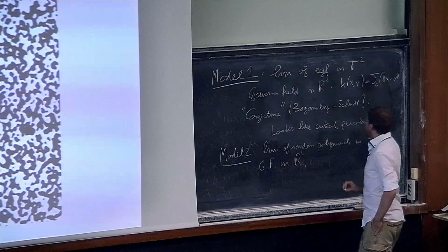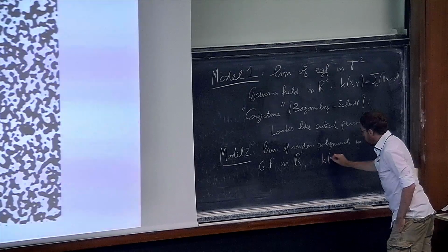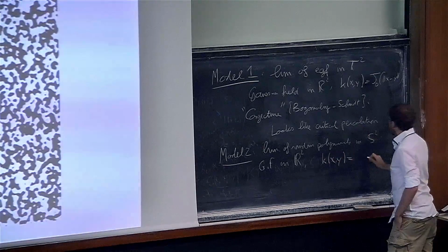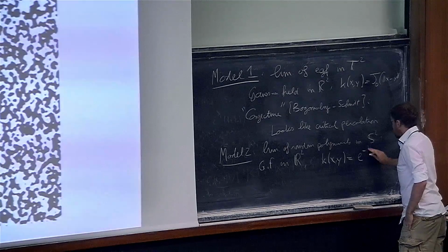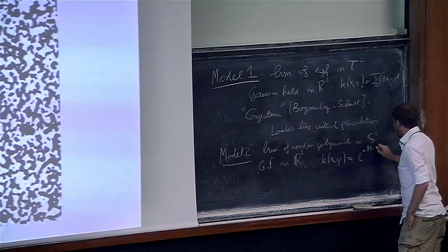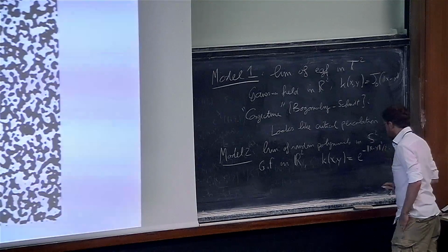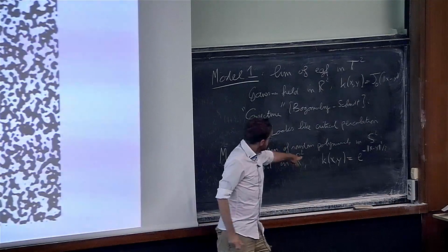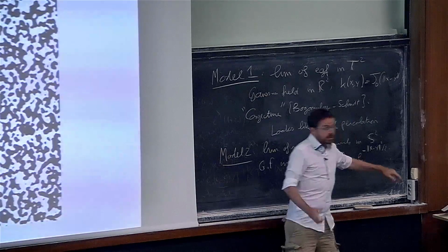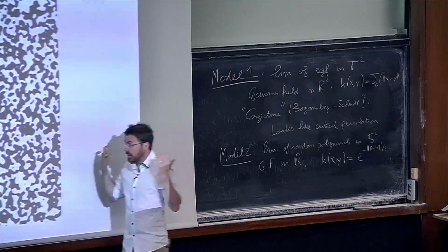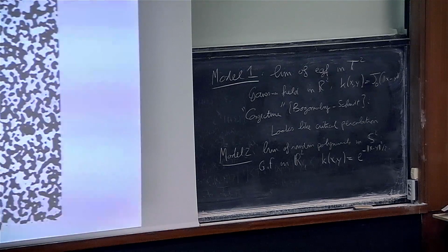And in this case, the correlation kernel of the field is exactly e to the minus the norm of x minus y squared over 2. And this is much better for two reasons. First, it's very small at infinity, so there's a lot less correlation in this field.